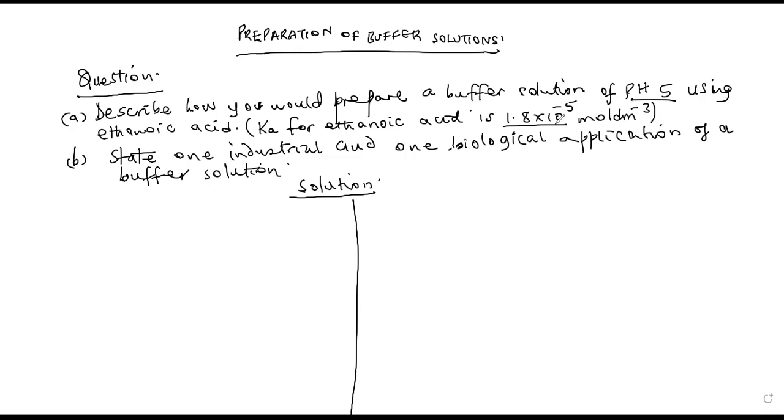You have to know in your mind that for you to form this buffer, since it is a weak acid, we need a salt of a strong base, which can be sodium ethanoate. So we shall be using the Henderson-Hasselbalch equation to get the ratio between the salt and the acid, and then from there, we make a conclusion on how we would prepare it.